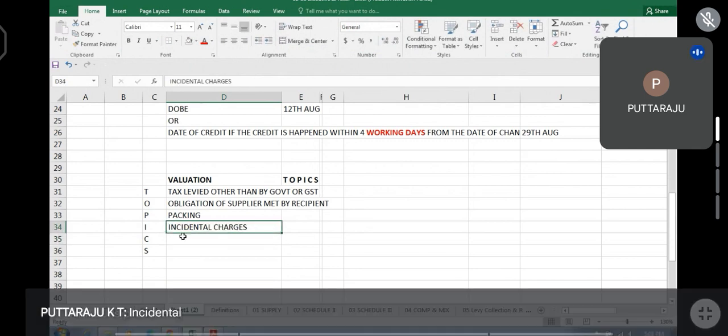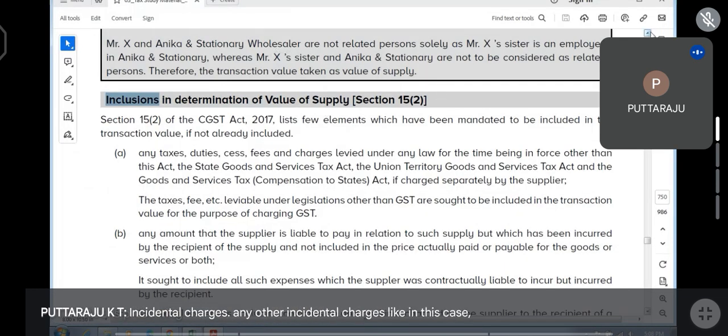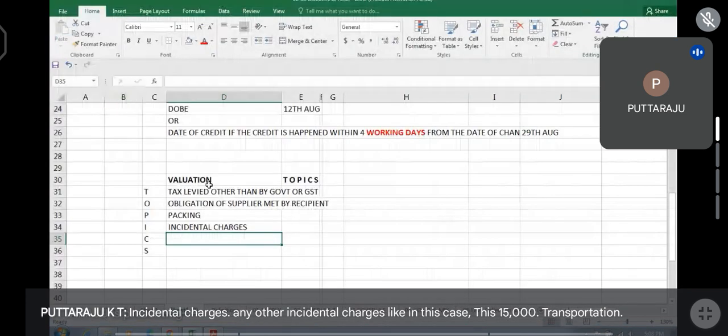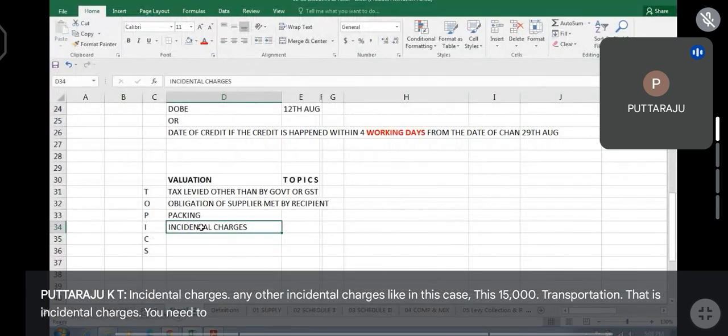Incidental charges. Any other incidental charges, like in this case, this 15,000 transportation, that is incidental charges. You need to add back that also.